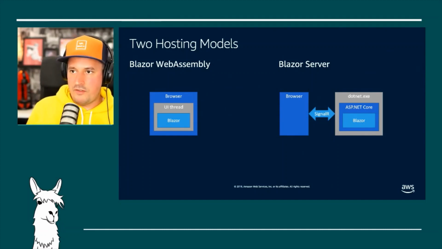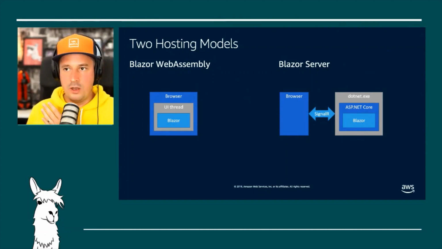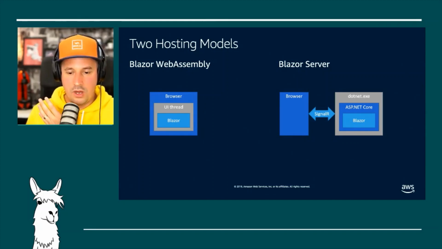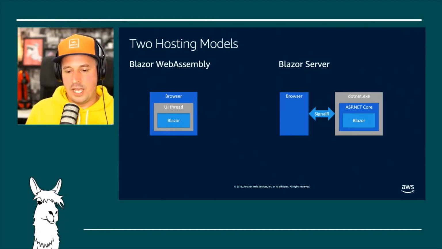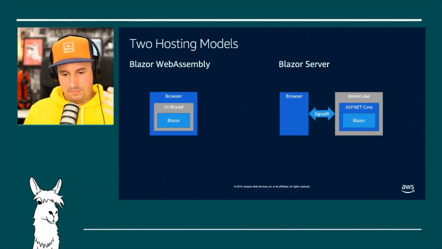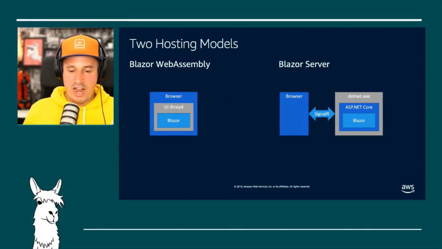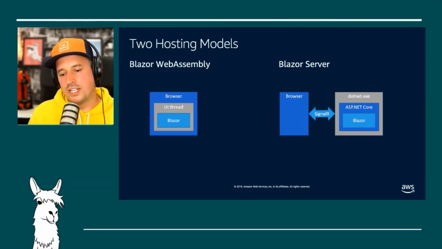You write the server-side code and the client code, and it's all written in .NET. But the Blazor Server model has this slightly weird tunneling, where it basically executes on the server, renders it on the server, and sends it back to the browser. So it doesn't work for things like offline applications.